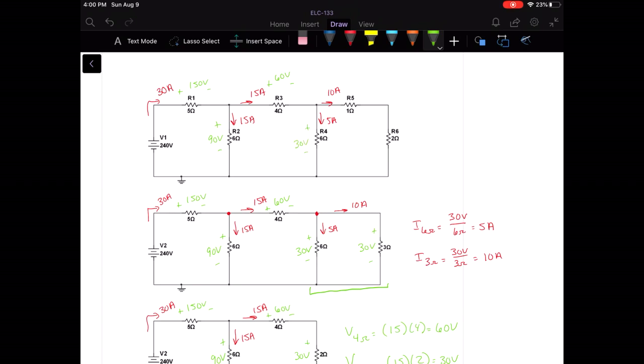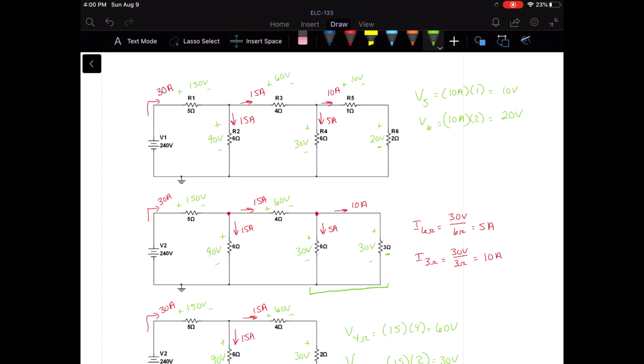Okay, so the 3 ohm resistor down here in part 2 is split between the 1 ohm and the 2 ohm in the original circuit. So how we're going to find the voltage there is that we're going to multiply the current through the resistor times the resistor value. So I should have 10 volts here, and V6, 10 amps through 2 ohms of resistance is 20 volts.